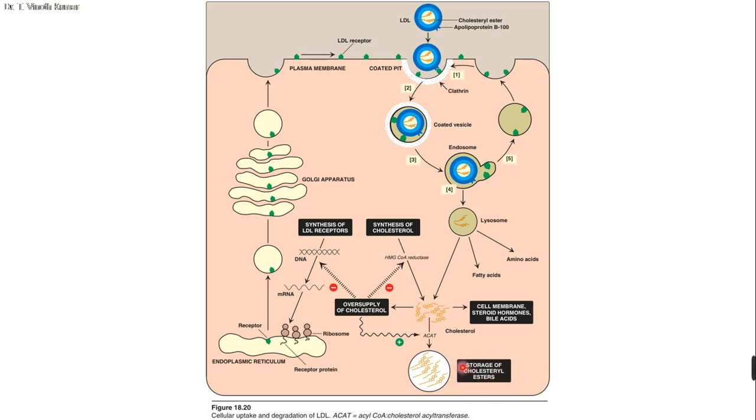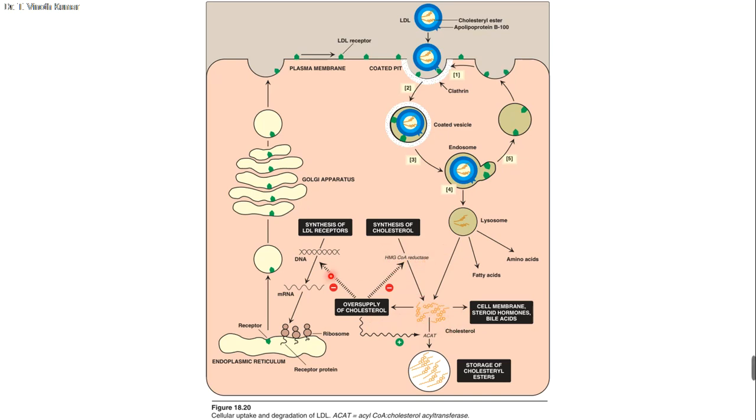Here you can see the oversupply of cholesterol. If the cholesterol concentration is very high, it will automatically inhibit two places. One is the synthesis of LDL receptors, which is blocked, and the second is the synthesis of cholesterol, also blocked at the HMG-CoA reductase enzyme. The product, cholesterol itself, will inhibit. That is why it is called feedback inhibition.